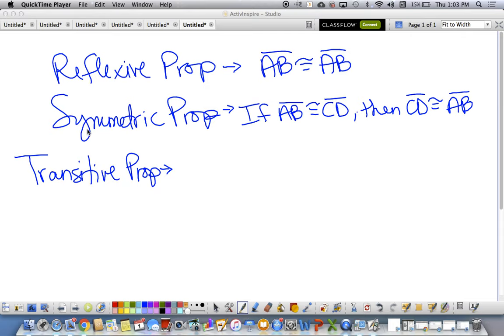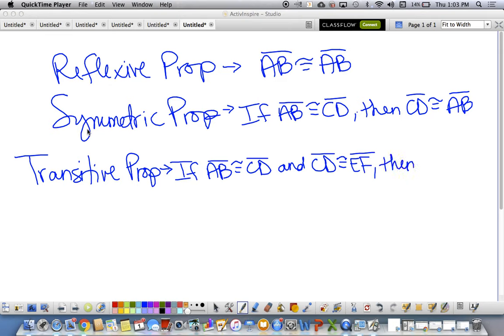The transitive property says, if AB is congruent to CD and CD is congruent to EF, then guess what? AB is congruent to EF. So these 2 middle pieces must be the same to connect.